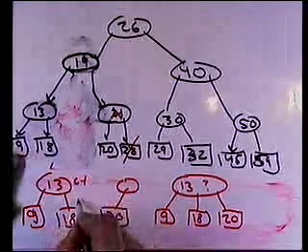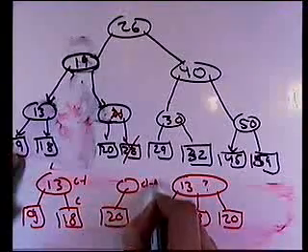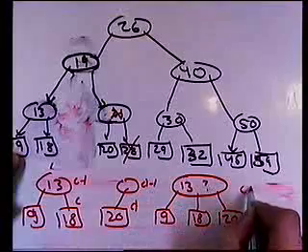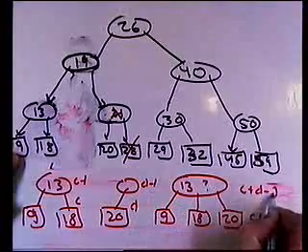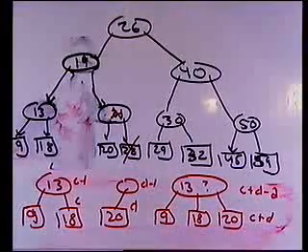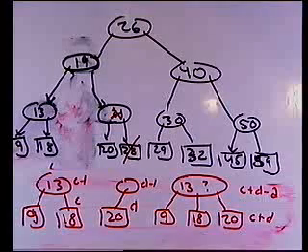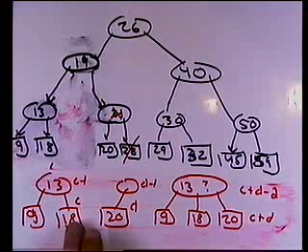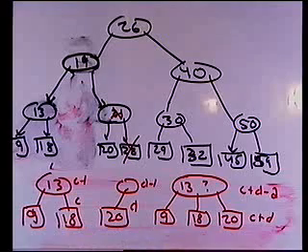C minus 1 and C, D minus 1 and D. We have a total of C plus D children, C plus D minus 2 indices. So that is, after we do a combine, we'll be short one index always, and the place it should go will be between the rightmost of the left child and the leftmost of the right child. But that's the idea of a combine. We're actually going to merge two nodes together.